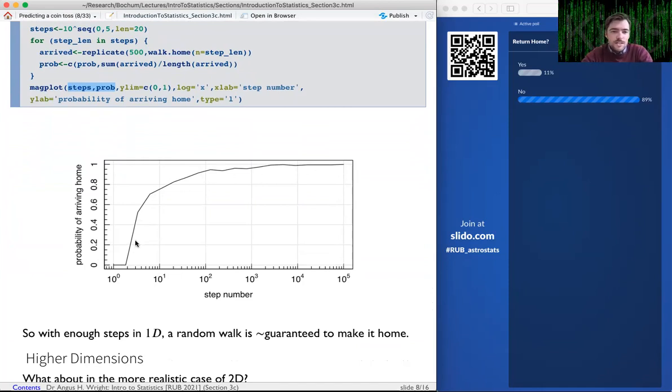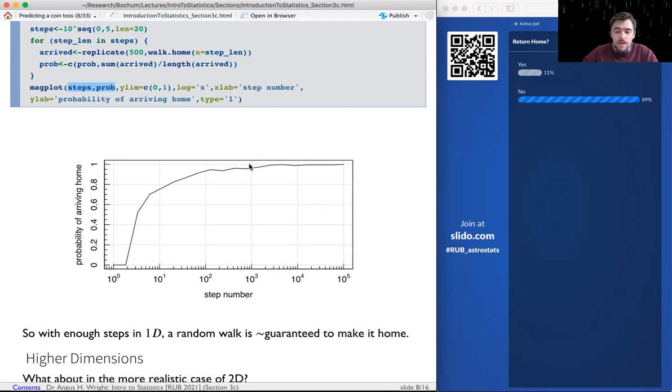Now it's a little bit noisy, this curve, but that's fine. It's an empirical measurement we're making here. But you can see that after about 1,000 steps, you're very, very close to guaranteed to have walked home at some point in the preceding 1,000 steps.